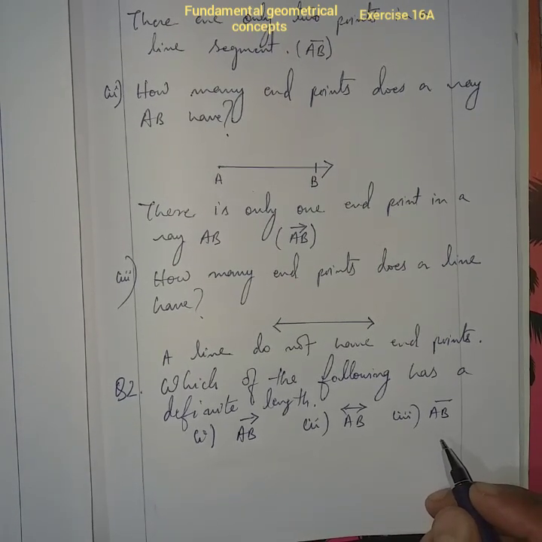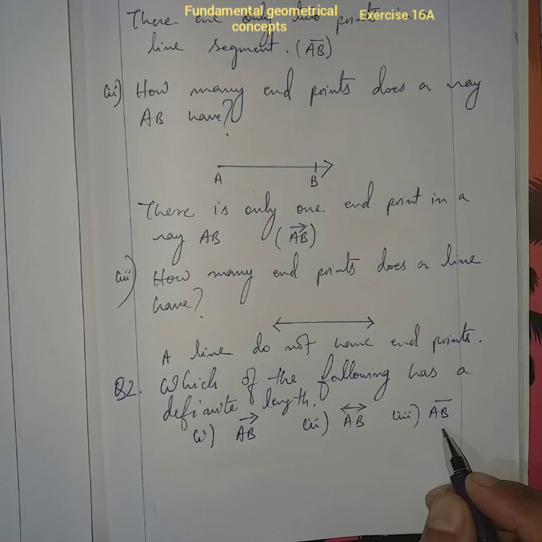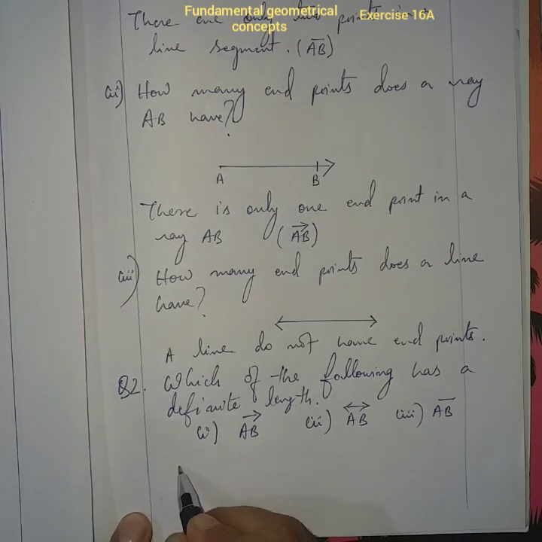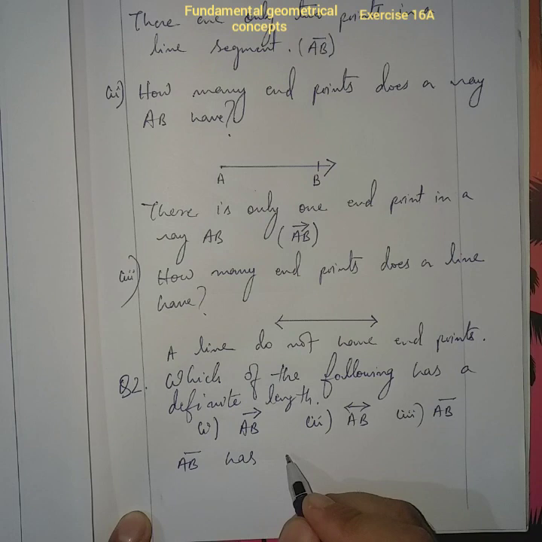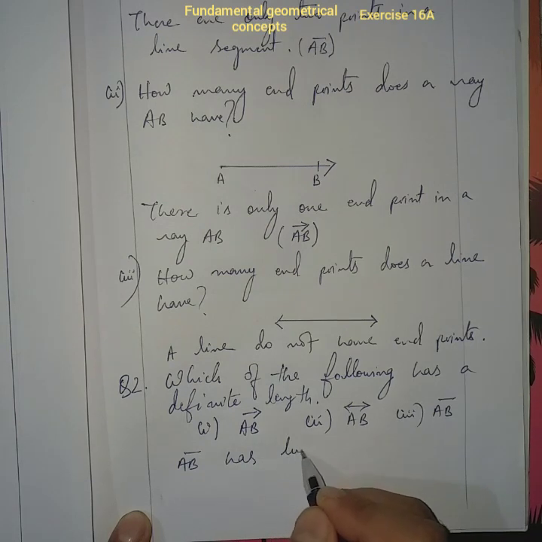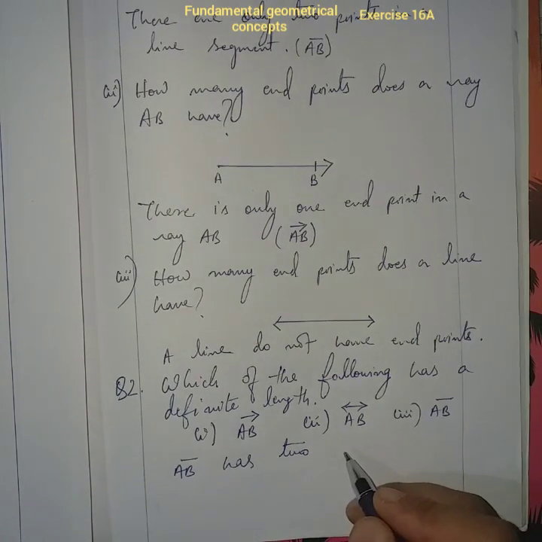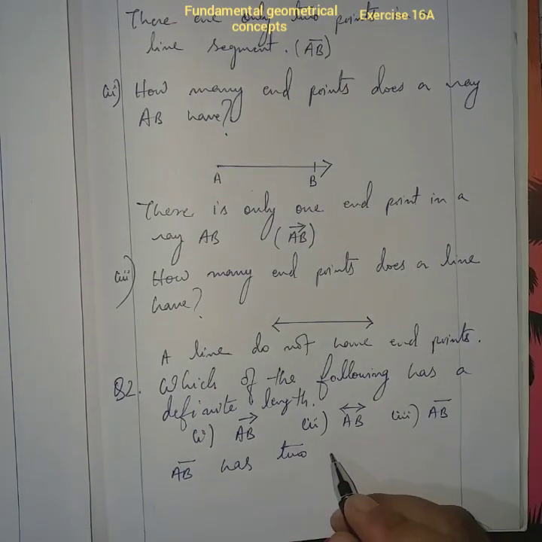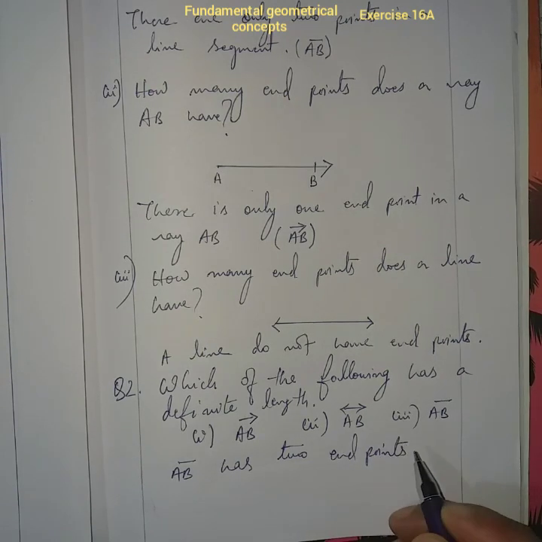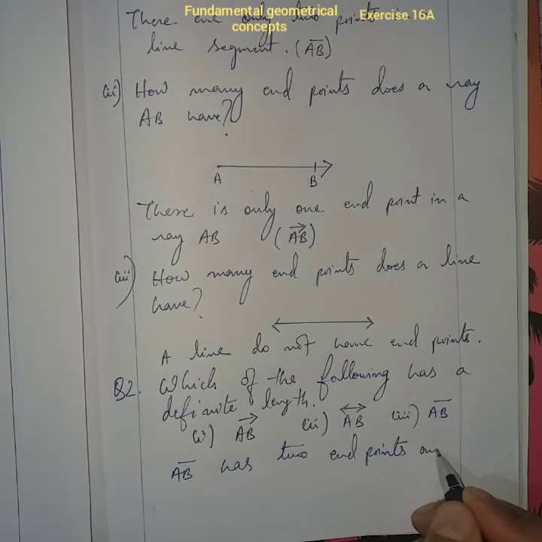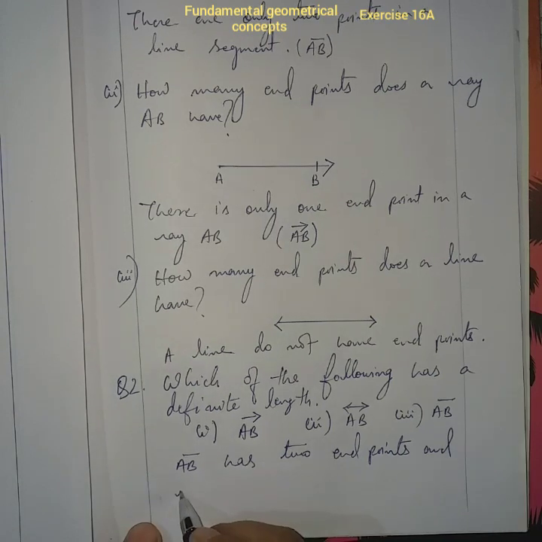So therefore it has definite length. AB bar has two endpoints and it has definite length.